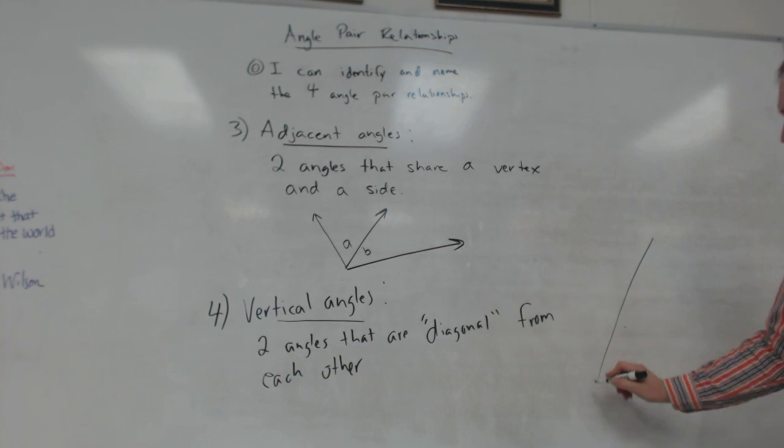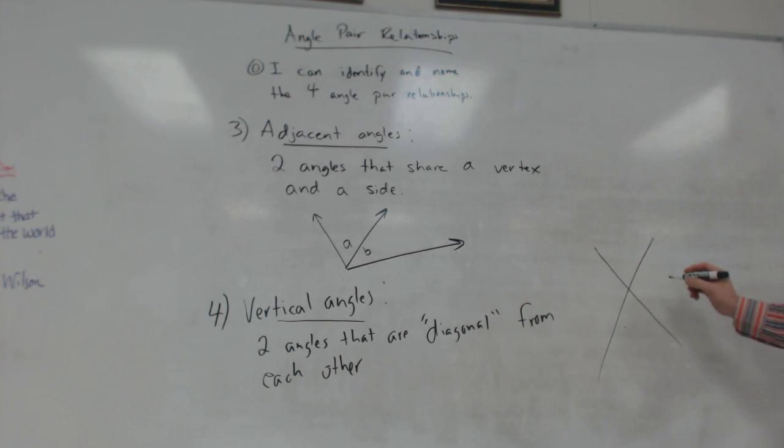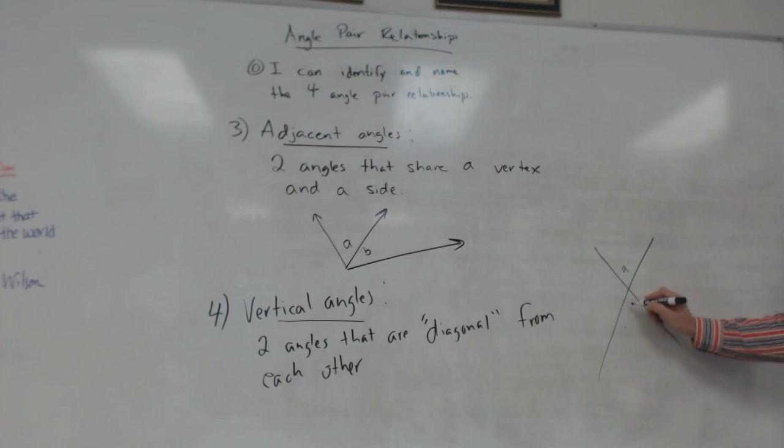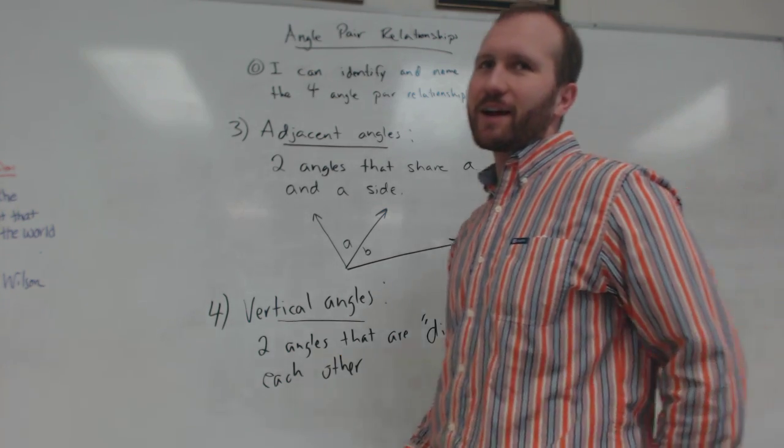So if I have two lines like this, A and B will be adjacent angles. Wait, what? They're not adjacent. I mean, sorry, vertical angles. I mixed them up.